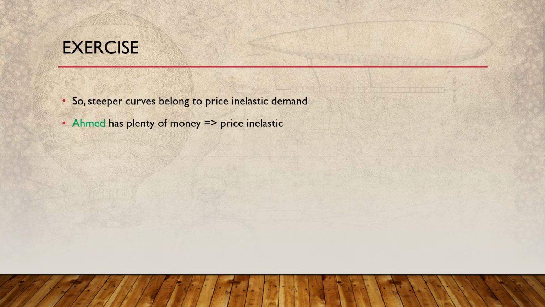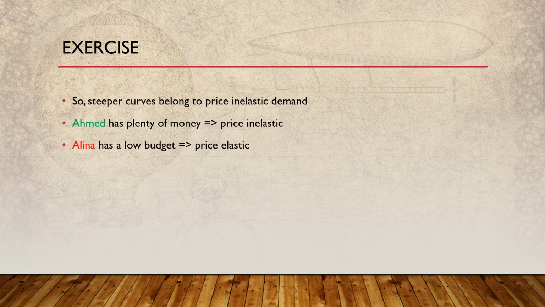So, Ahmed has plenty of money, which will mean he is quite inelastic. He doesn't really care that much about the prices. He has money. And Alina, she has a low budget, so she will be very sensitive when something happens with the prices. So she's quite elastic. Well, her demand is quite elastic, rather.